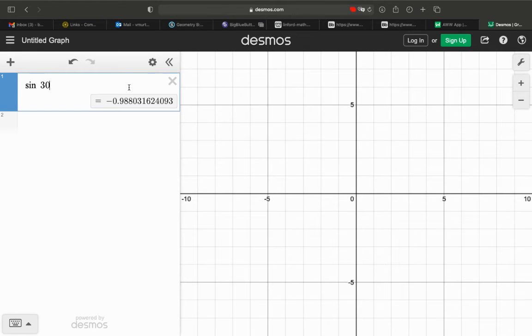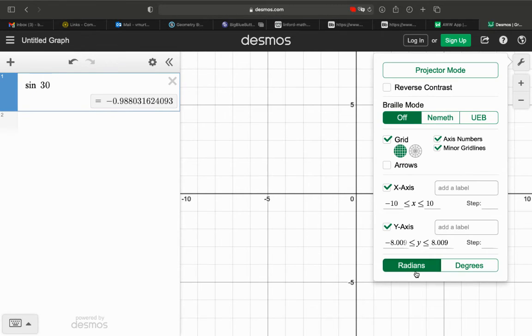Already some values are displayed, but if you are doing the calculations in degrees, please go to the top right, you see the graph settings, click on that, and change from radians to degrees.